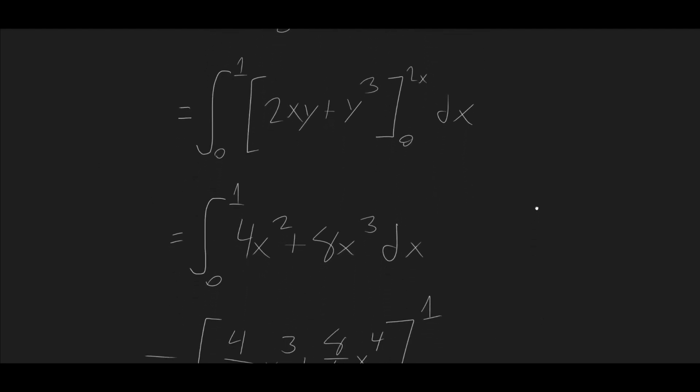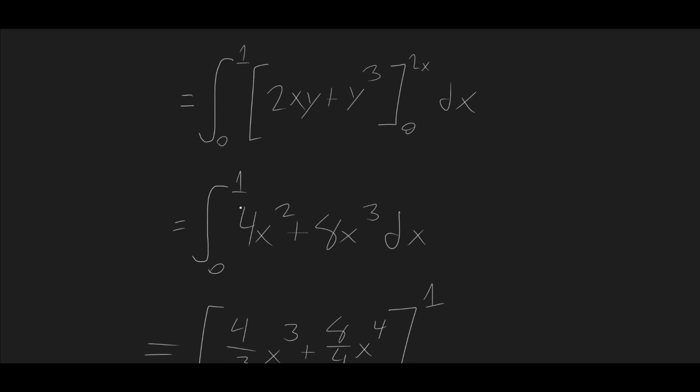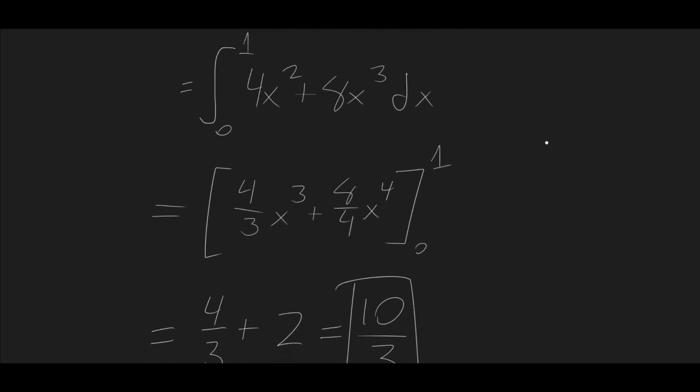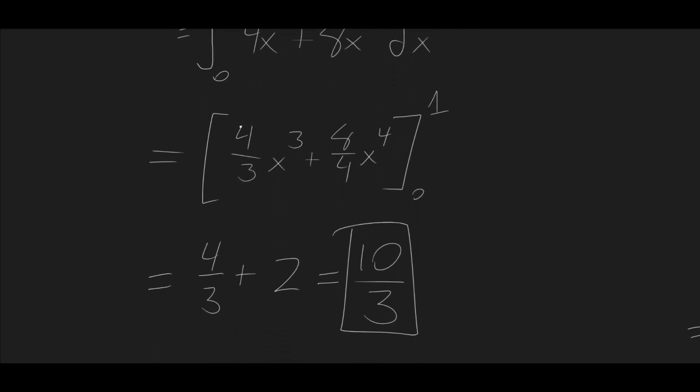Then we turn this into the integral of 4x squared plus 8x cubed dx. And then when we evaluate it, we have 4 over 3 x cubed plus 8 over 4 x to the power 4 from 0 to 1, and we find that the answer gives us 10/3.